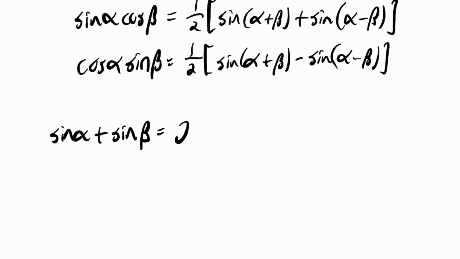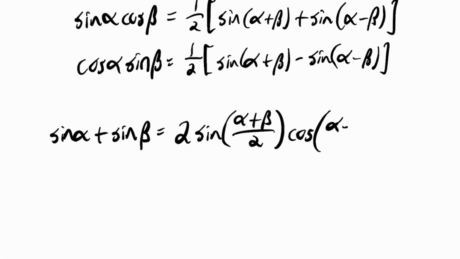Well, that would be 2 sine, and this is where it gets a little dicey, alpha plus beta over 2, so the average of the two angle values, times cosine of alpha minus beta over 2. So basically half the difference of the two.